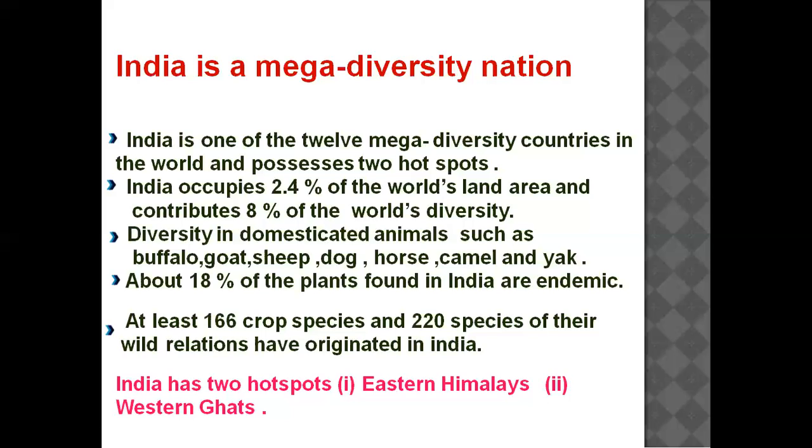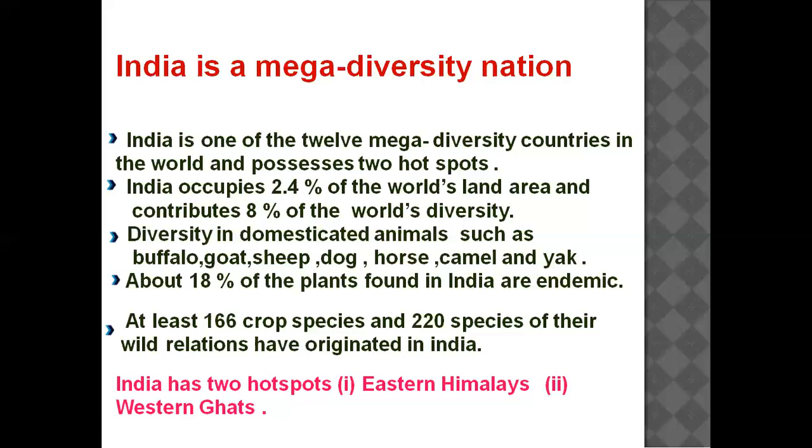Before we discuss India as a mega diversity region, let us know a little about the history of the formation of the Indian continent. Many million years ago, there was only one single landmass in the entire world.